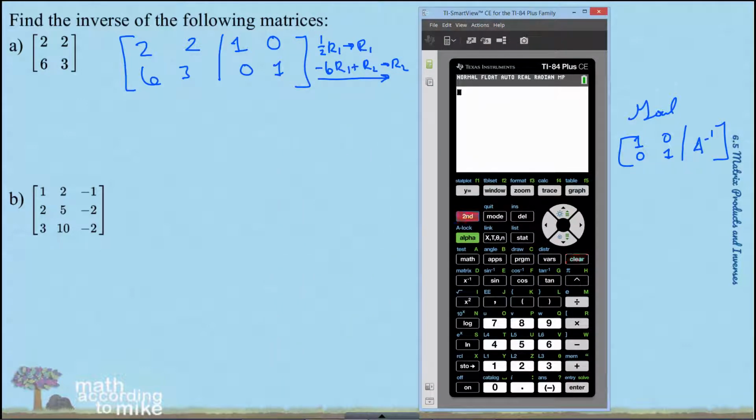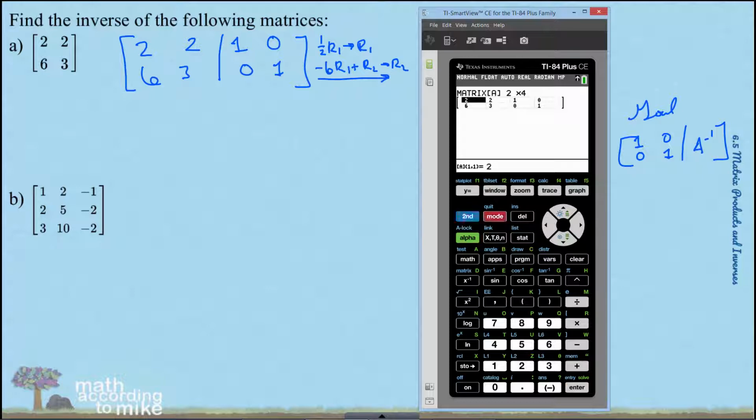So we'll go in, second matrix. I'm going to edit matrix A again. We'll make a 2 by 4. Put all that information in. And most importantly, double check it before you start, because one digit off, there goes the whole thing.